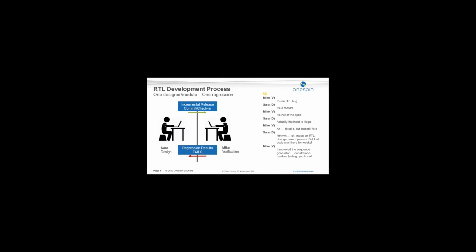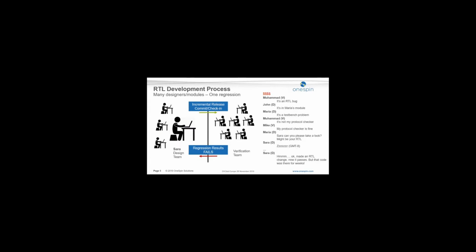That could not be so unusual. And the report fails. And of course, there's going to be some interaction there because, there's a fail, maybe it says, oh, this is actually a feature. Then it turns out the test is not good, the test gets fixed. And finally, it turns out there was a bug in the RTL, it gets fixed. But we can see that this has consumed some dollars, tools, but mostly engineering time.